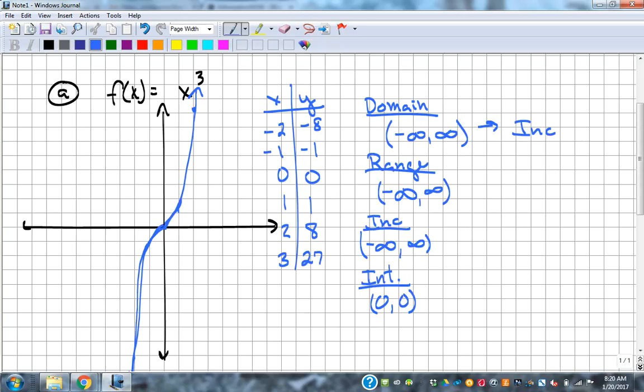Absolute max or min, does it have one? No, neither of them. It doesn't have an absolute max, doesn't have an absolute min. Okay, make sure we got everything else. Intercepts, increasing, yeah. Symmetry, the last thing. Origin, yeah, if we flip it across, so symmetry is on the origin.